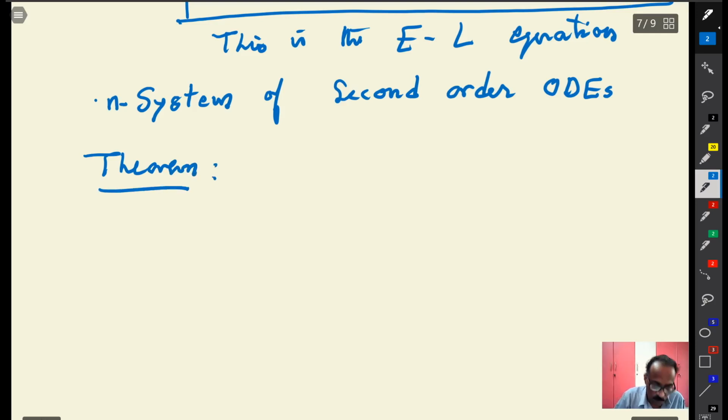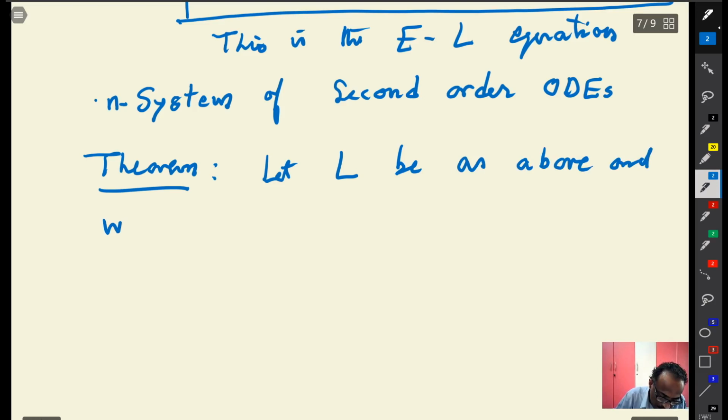Okay, so let L be as above, and W bar is an optimal solution, a minimizing solution.